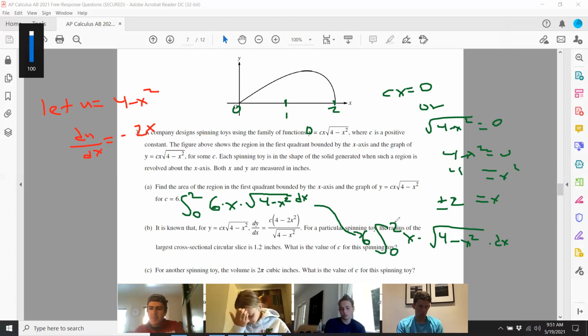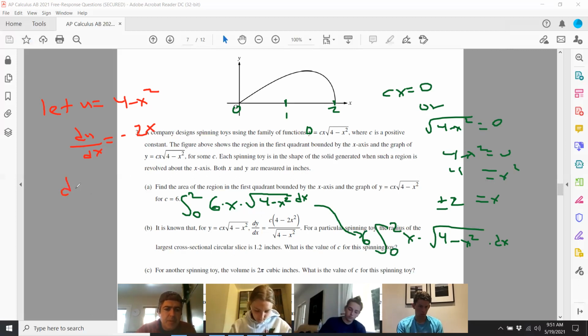So let's see if it's the same thing. du equals negative 2x dx. dx is du over negative 2x.